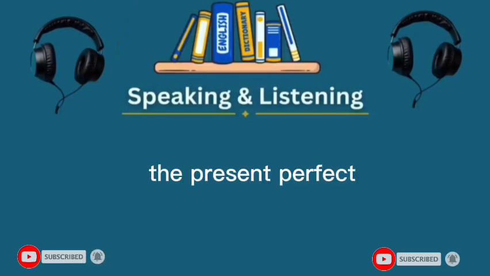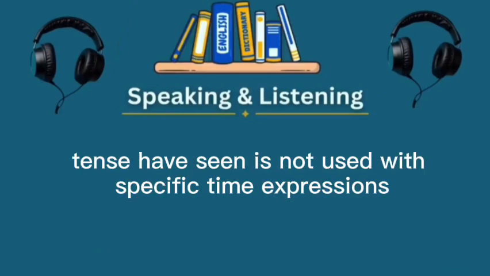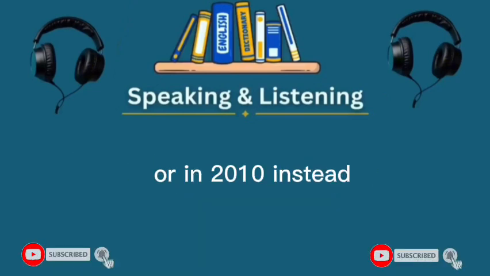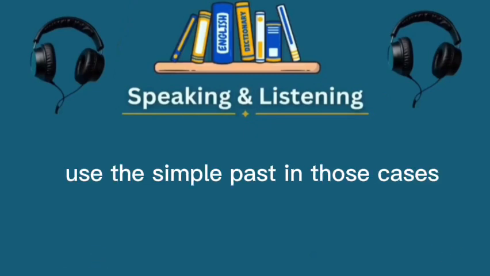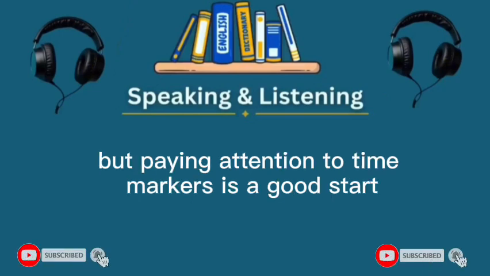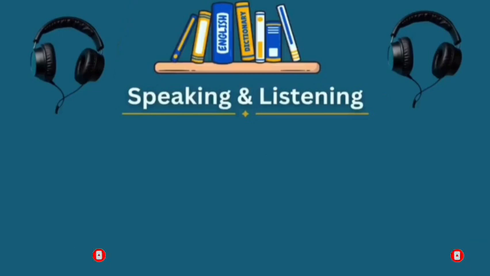The present perfect tense, have seen, is not used with specific time expressions like yesterday, last year, or in 2010. Instead, use the simple past in those cases. Learning when to use each tense takes time and practice, but paying attention to time markers is a good start.